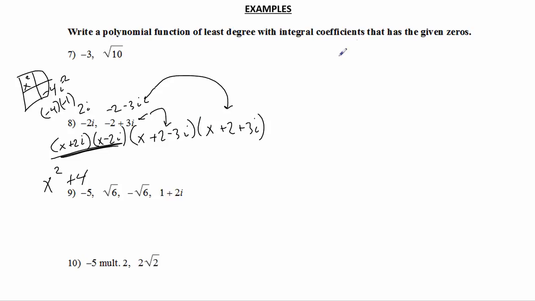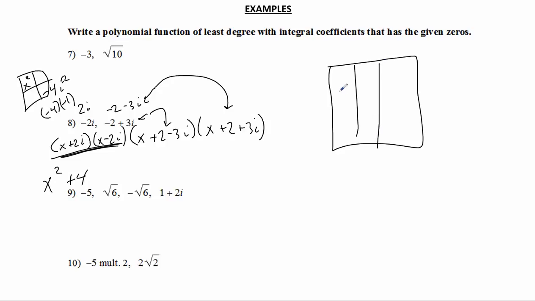trinomials here as a box. And I'll go through some shortcuts that you guys can use. So I got x, 2, negative 3i, x, 2, positive 3i. Now, here are some shortcuts.